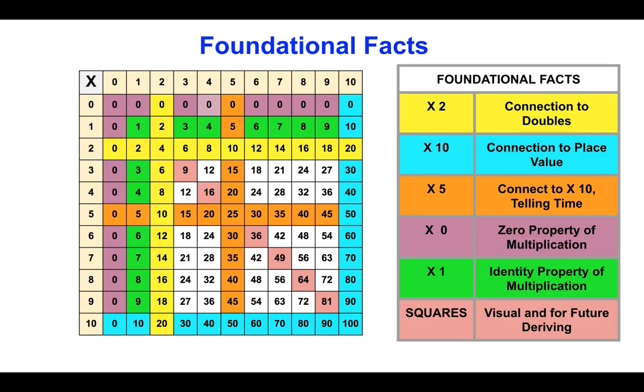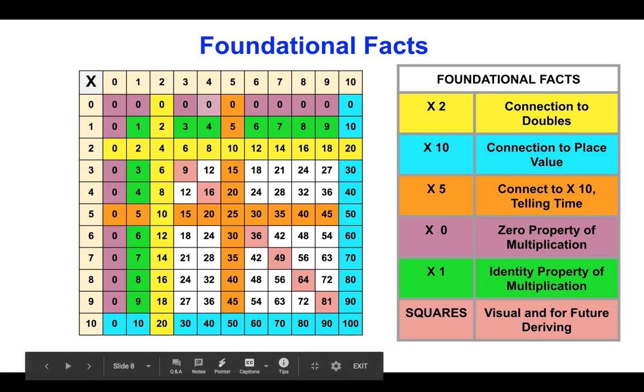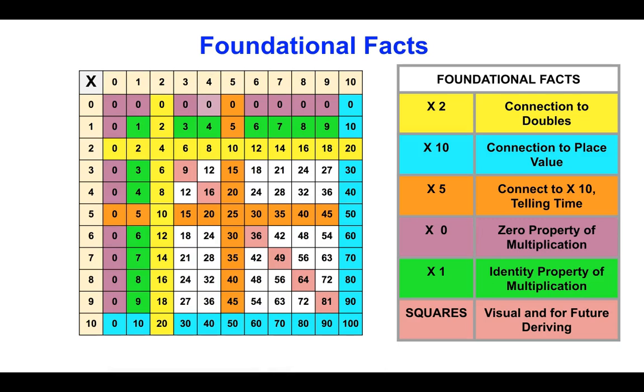Squares are foundational. Now, they're visually a little bit easier to see. And as you'll notice, we have 6 square facts really left after we've done the other above foundational facts. These are going to be a little more difficult for students in regards to knowing these. They'll need to have lots of experiences with them.